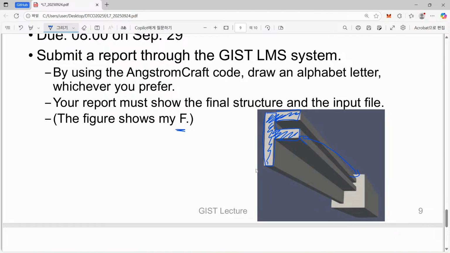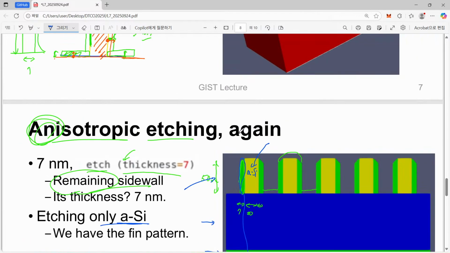Okay, do you have any question about today's lecture? Simply speaking, today we have thought about SADP, self-aligned double patterning. However, in reality, we must adopt SAQP. SAQP means that once we have this pattern, then we do it once again.